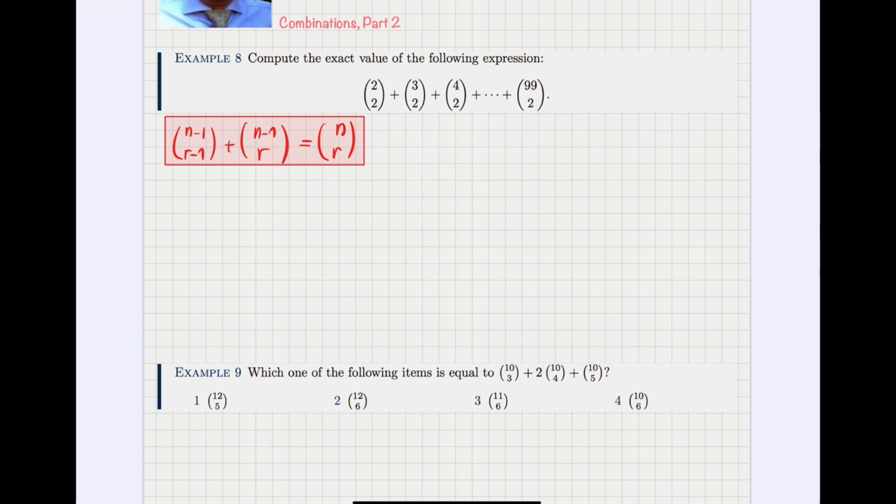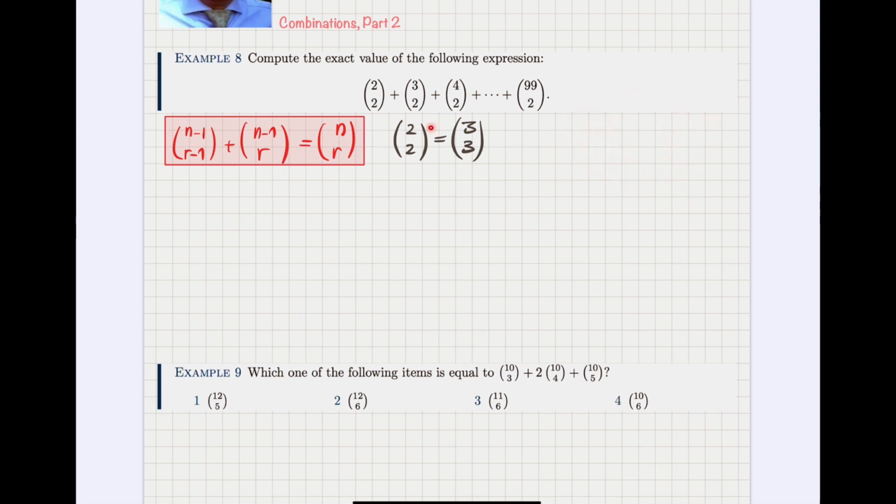First of all, do you agree with me that 2 choose 2 is equal to 3 choose 3? Yes, because I have 2 people, I want to choose them, it is 1. I proved for you that n choose n is always 1.